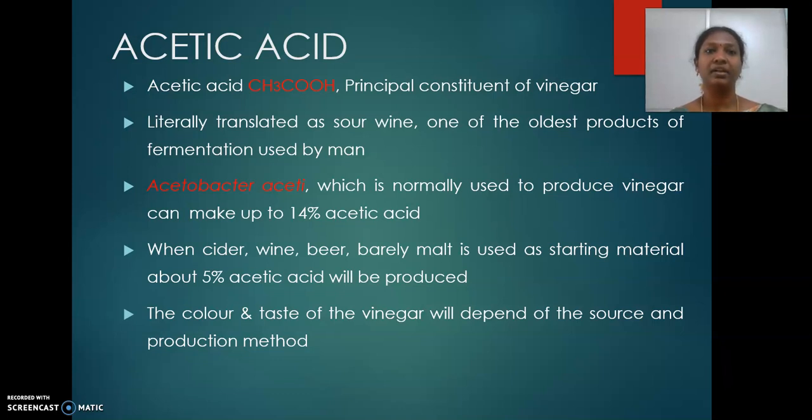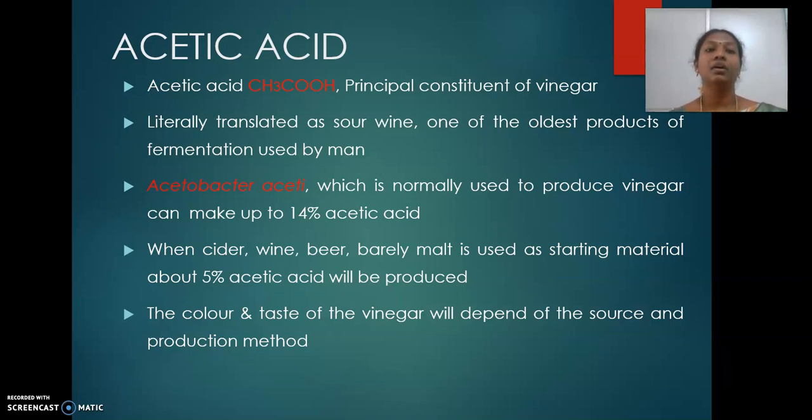The chemical formula of acetic acid is CH3COOH, the principal constituent of vinegar. Literally, acetic acid is translated as sour wine. It is one of the oldest products of fermentation used by man. The microorganism used for the production of acetic acid is Acetobacter aceti, which is normally used to produce vinegar with up to 14% acetic acid.